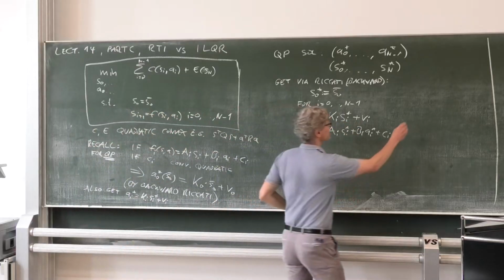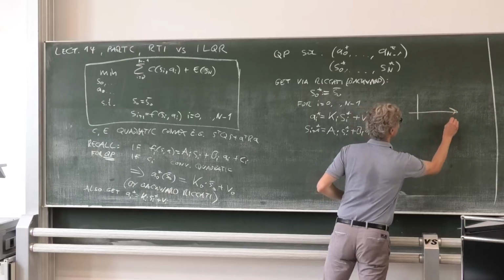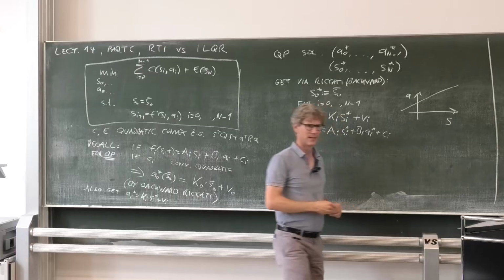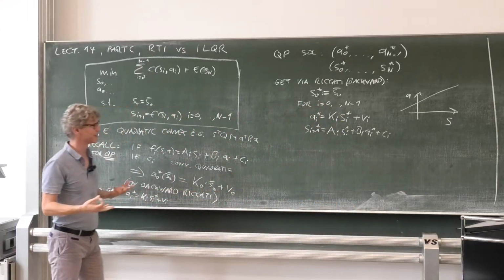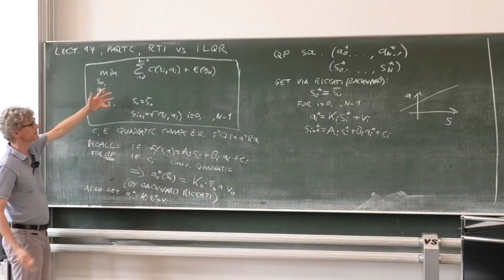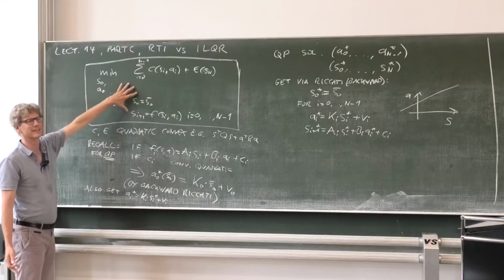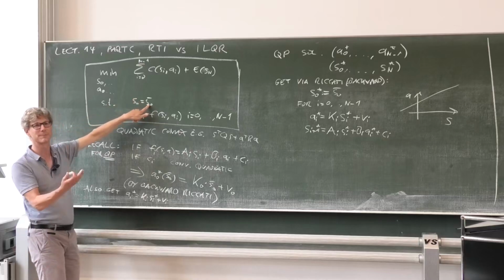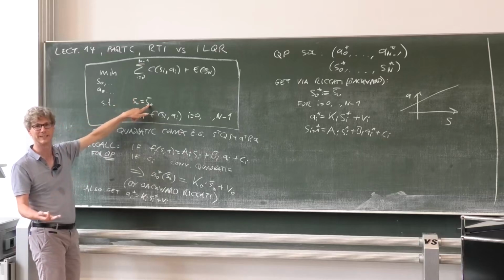What does it mean? What is such a feedback law? Here we have the S, here we have the A, and it's an affine function. Yeah? And that's like the beautiful result from, anyway, you could look at this, say it's a quadratic program. That's a linear system of equations. A linear system of equations depends linearly on its parameters, so obviously it must be linear, right?